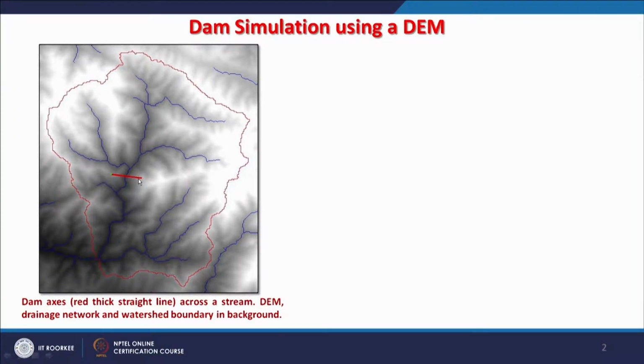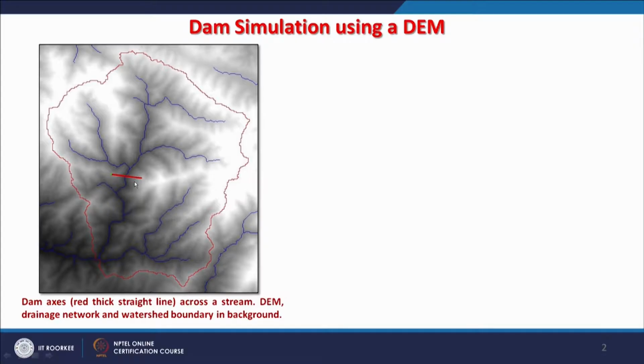What I am showing here is a dam axis which has been drawn over the digital elevation model. As you can see very clearly, there is a red line. This is the dam axis, and it has been drawn across a stream. Now in dam simulations, anytime I can change the length of this line, and I can change the direction of this line. Roughly at present it is east-west.